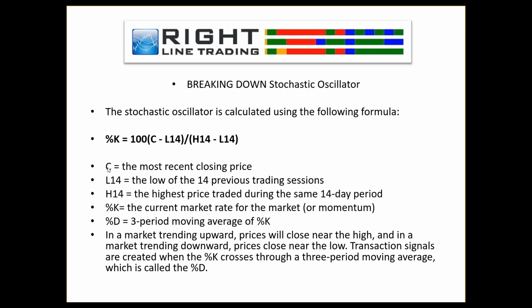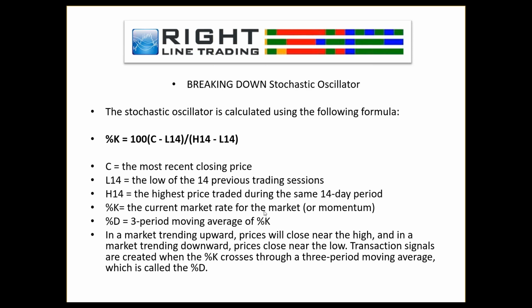And when price closes closer and closer to that average high, you're getting acceleration of price to the upside. When price is approaching that average low, getting closer and closer, so the close is getting closer to the low of the move, or the close is getting closer and closer to the high of the move, momentum is moving to the upside or the downside, and the oscillator, that percent K line, is going to move up.